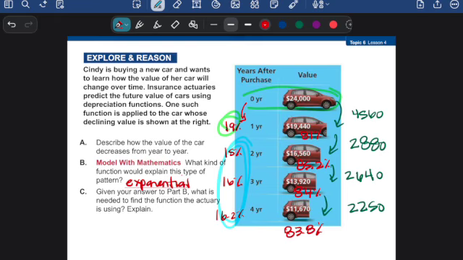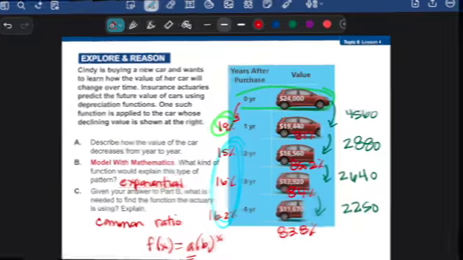Given your answer to part B, what is needed to find the function the actuary is using? Well, we're going to need to find that common ratio, right? To be able to write the equation in exponential form, a times b to the x. So we know the initial value is 24,000, but we're going to need to find that common ratio.